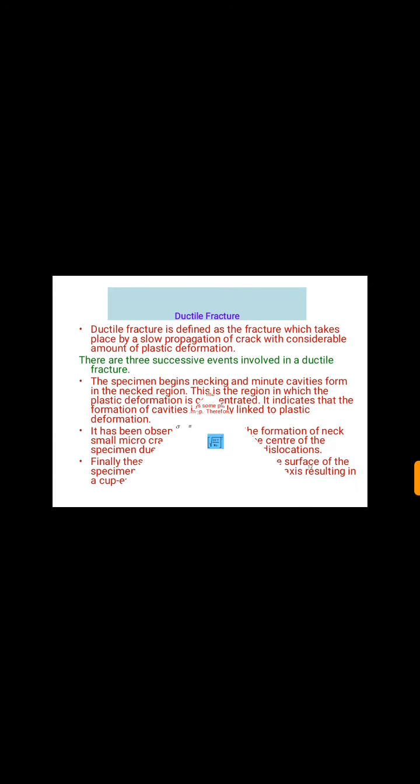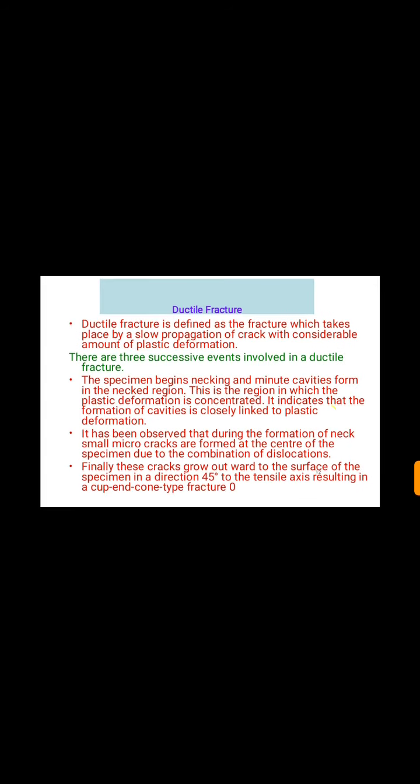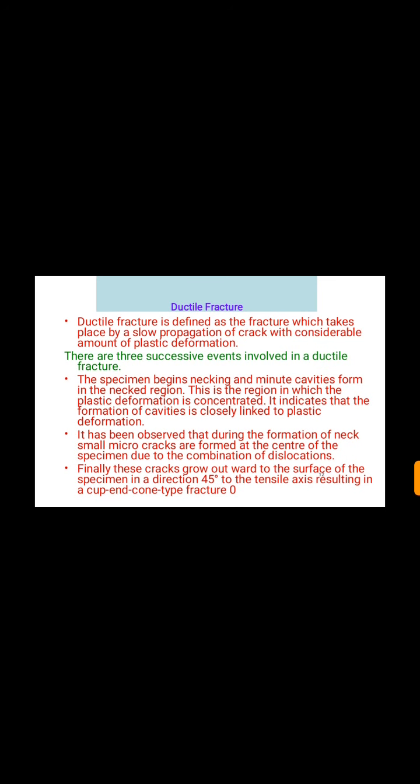The next topic is ductile fractures, the exact opposite of brittle fracture. A ductile fracture is defined as a fracture or failure which takes place by slow propagation of a crack. In brittle fracture, the crack will propagate very rapidly, whereas here the crack will propagate very slowly, and it shows some plastic deformation.